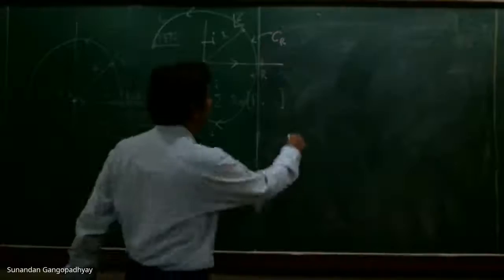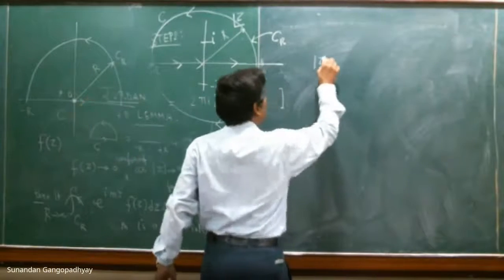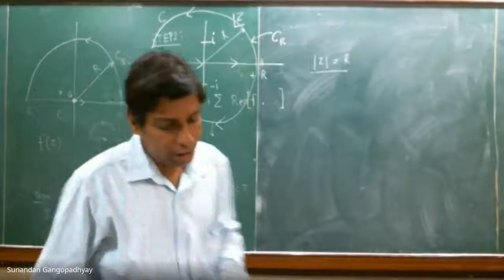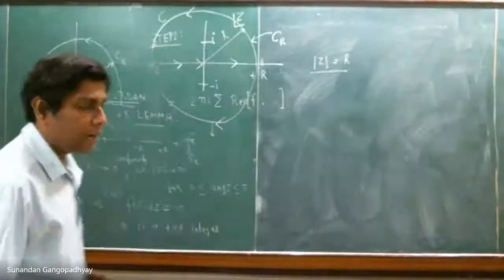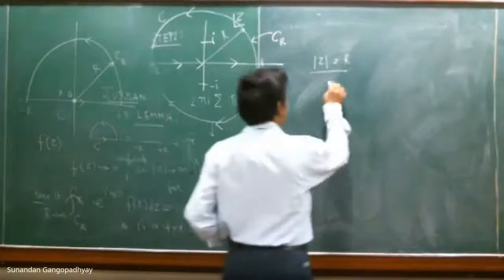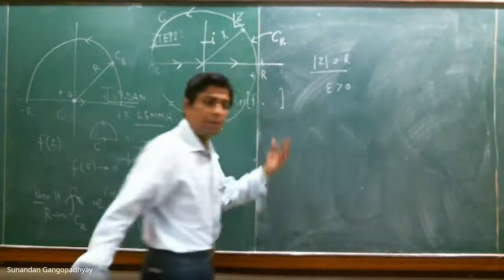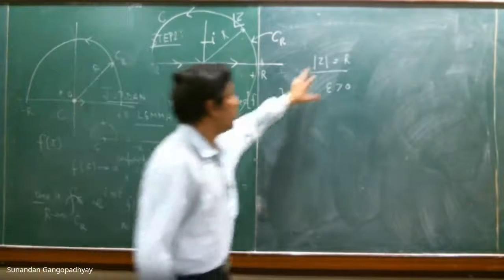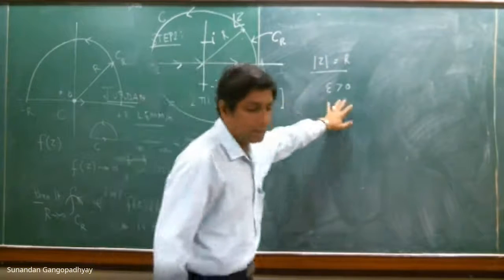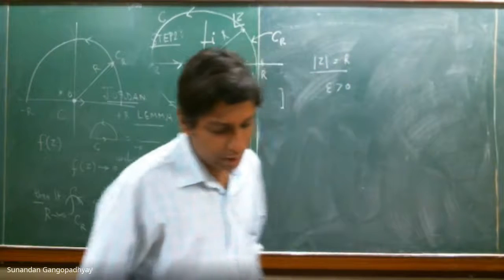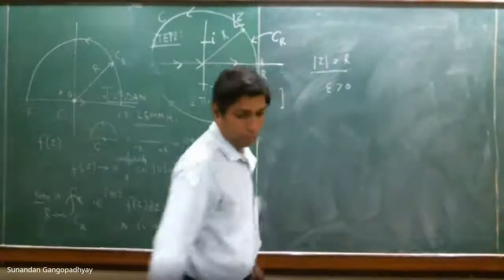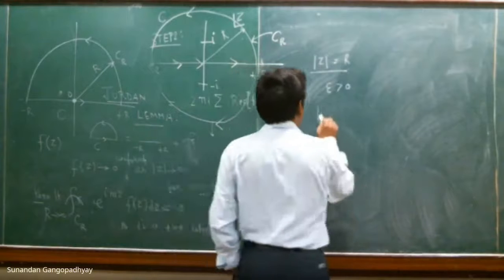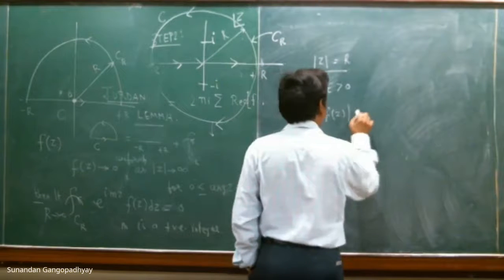For mod z, when you are on the arc, that is basically capital R. From condition 2, if R is sufficiently large, then there exists an epsilon greater than 0, which you can make as small as possible but is positive, such that for all points z on C_R, the modulus of f of z is less than epsilon.